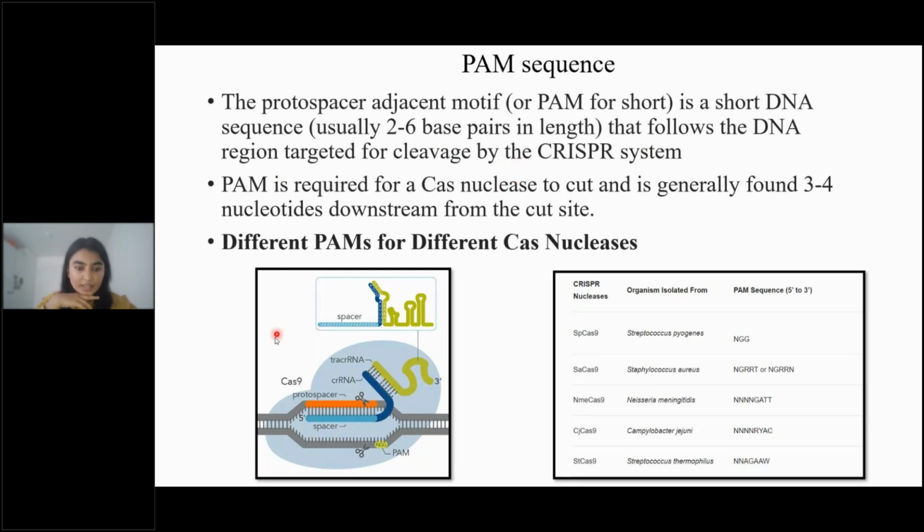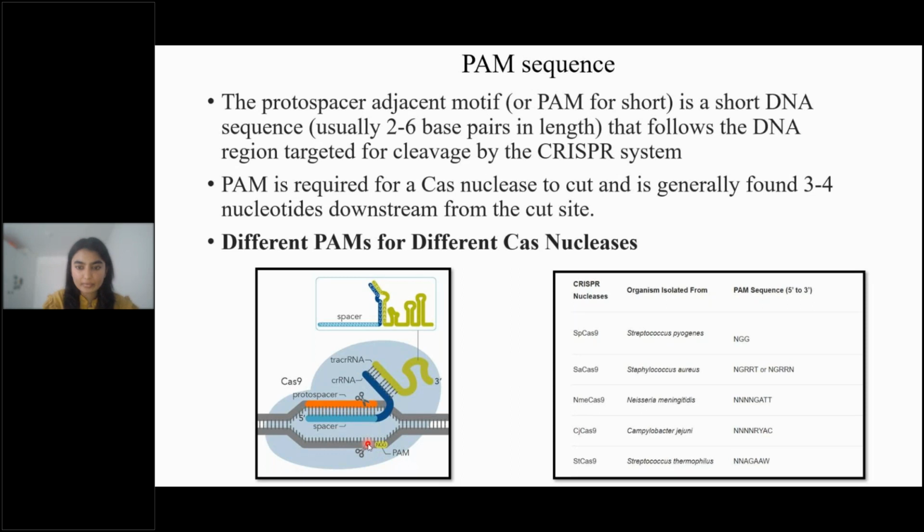For example, here is the guide RNA with the Cas9. The guide RNA sees the complementary sequence, and after that the Cas9 looks for where the PAM sequence is. If the Cas9 sees the PAM sequence, it will cut 3 to 4 nucleotides downstream of the PAM sequence.